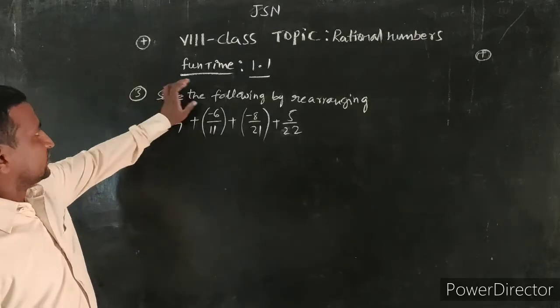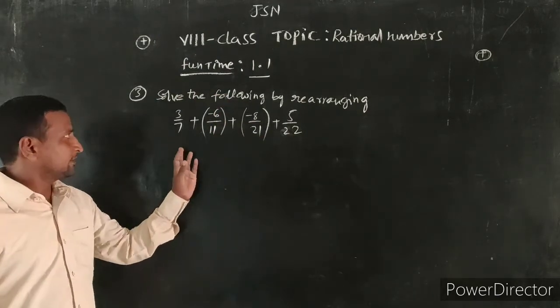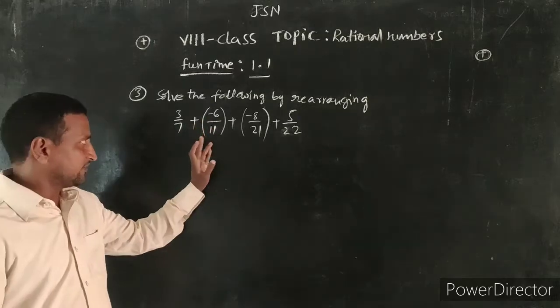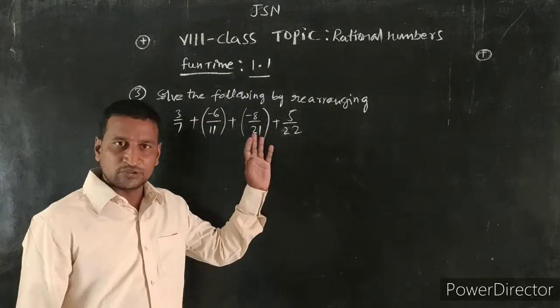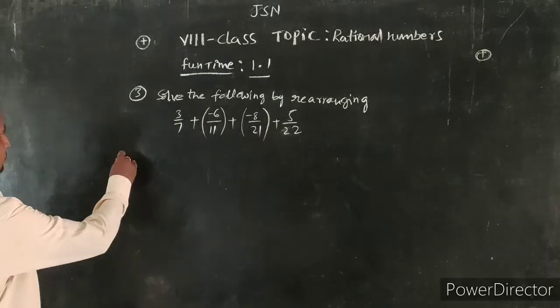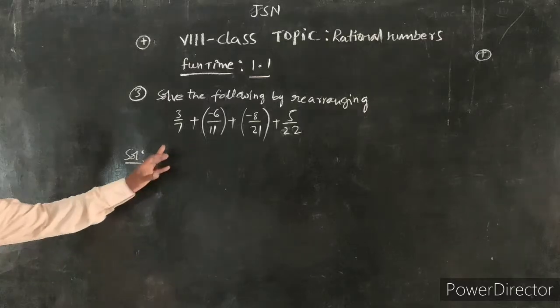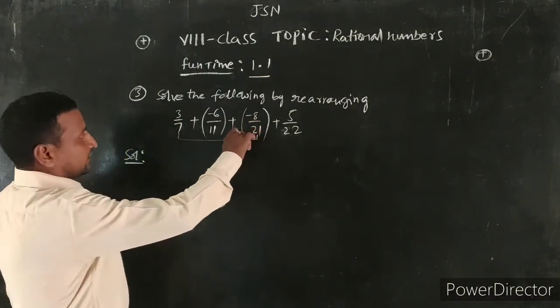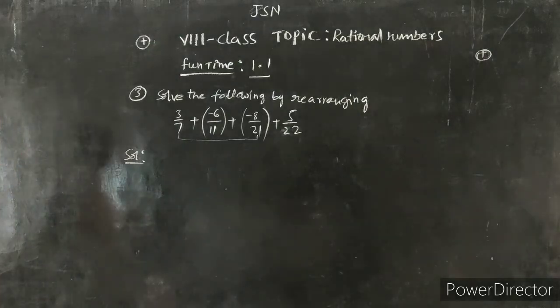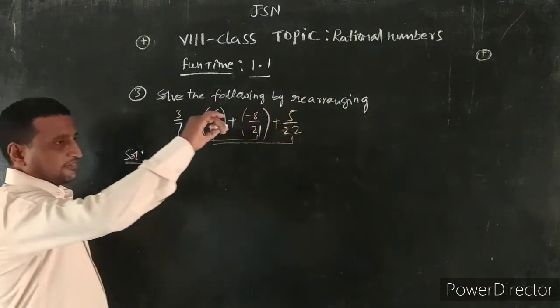Okay, next. Solve the following by rearranging: 3 by 7 plus of minus 6 by 11 plus of minus 8 by 21 plus 5 by 22. Solution. See, first observe the denominators. 21 is a multiple of 7, and 22 is a multiple of 11.